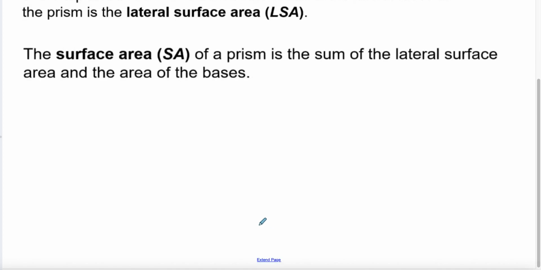And let's think about lateral surface area and surface area of a prism. So what is a prism? Let's review prisms a little bit. If you have a triangular prism, your top and bottom, we call them bases, are exactly the same size and same shape. So they are identical. And each of those sides, the faces around them, we call that the lateral surface, and they are rectangular because these are 90-degree angles, right?